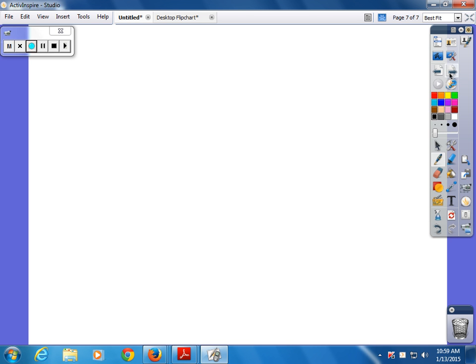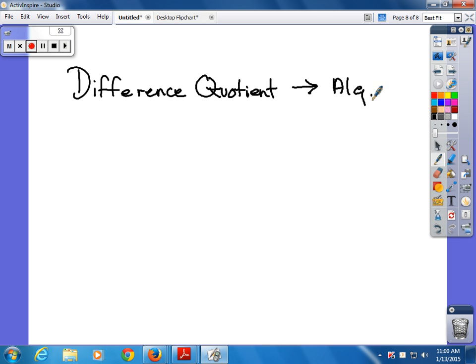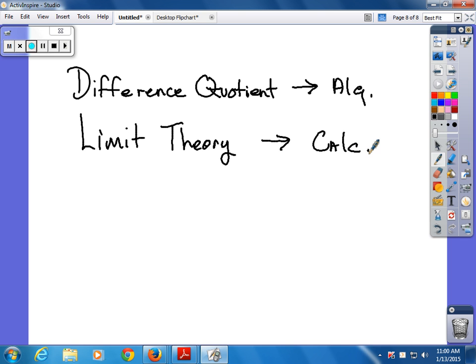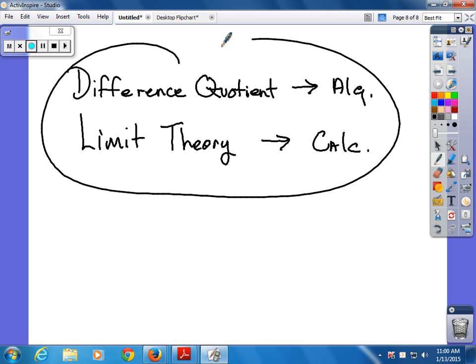Now, basically the difference quotient, as I said to you before, is nothing but algebra. Limit theory is calculus. You put those two together, and you basically have the derivative.